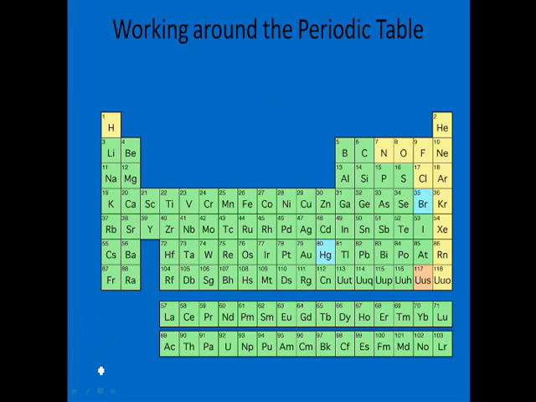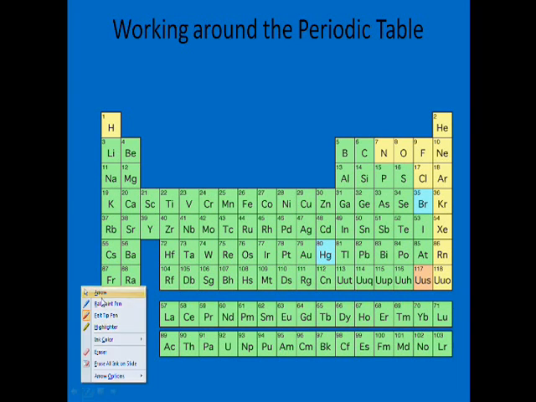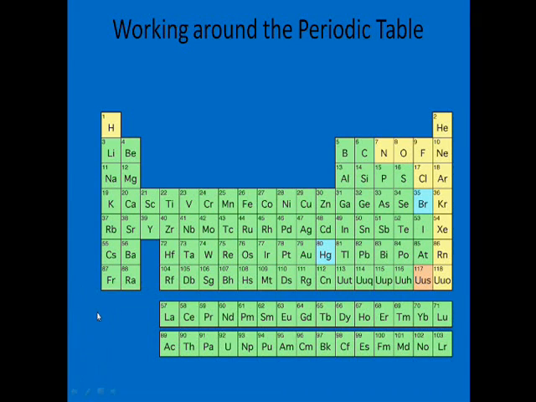It's important that we know the names of these families so we can keep track of which elements belong in what groups. The first family that we look at here in column 1 is known as the alkali metals. The second family is known as the alkaline earth metals. And then there's a pretty big block here from 21 to 30 all the way across.